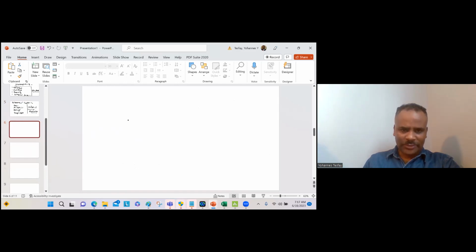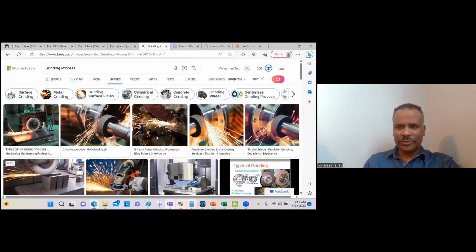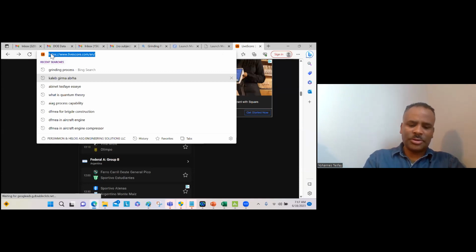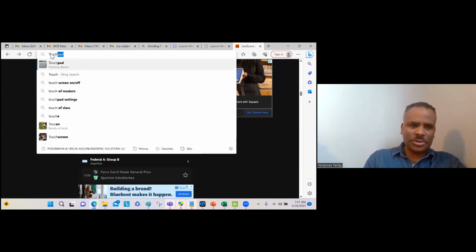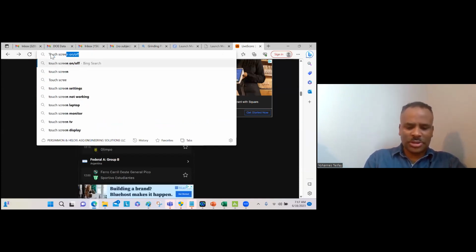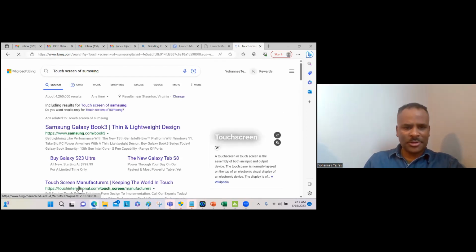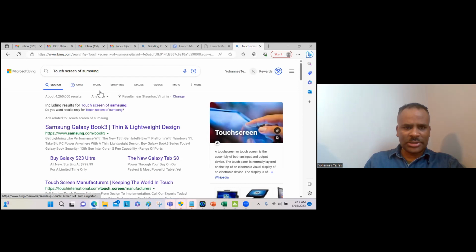The cover plate of the touch screen of Samsung, that's a Galaxy here.